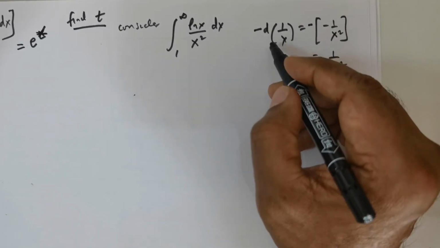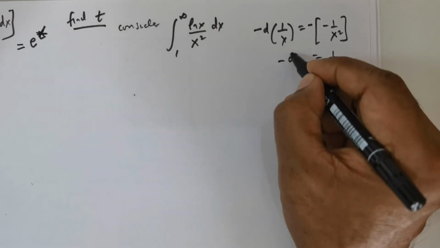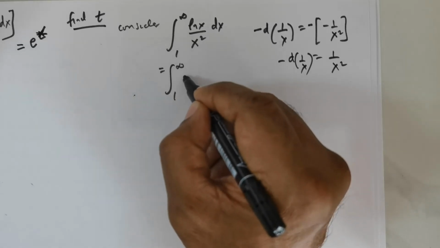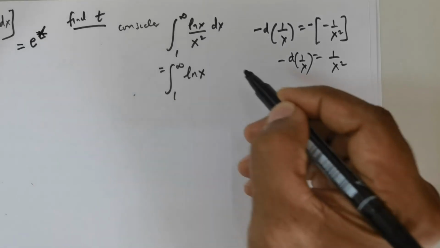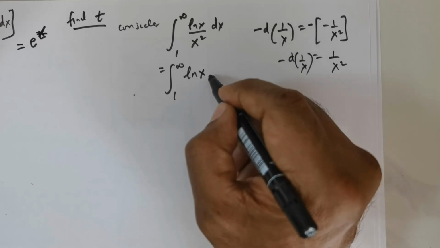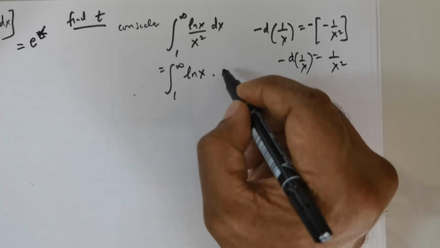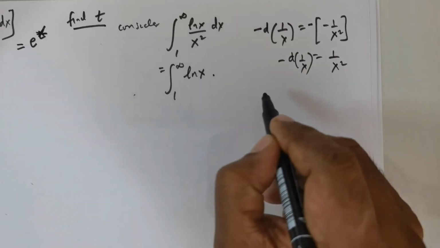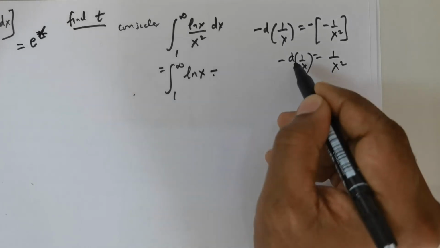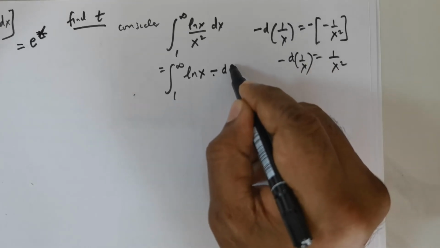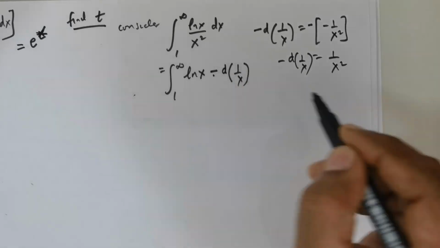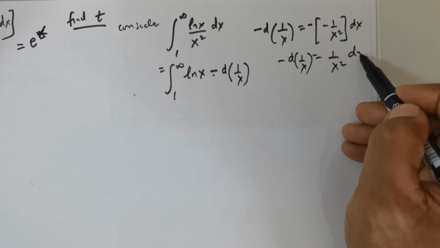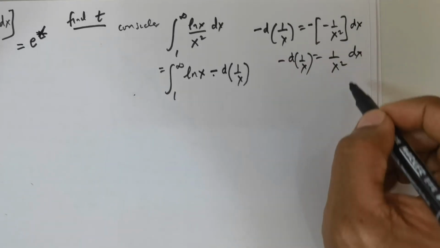So I can rewrite this as the integral from 1 to infinity of ln of x times, I need to produce this 1 over x squared. To produce a 1 over x squared, I need to have a negative sign there followed by d of 1 over x, with the differential operator placed.